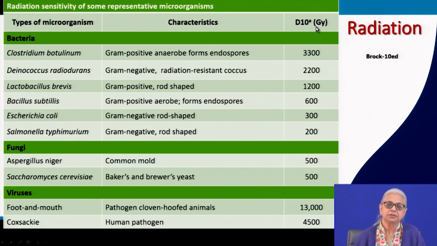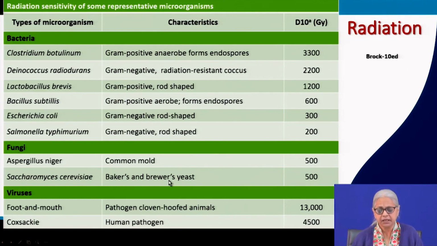D10 is again decimal reduction, or 1 log reduction in the population of these particular bacterial species in terms of grays. So how many grays does it take to get 1 log reduction? And you can see that the endospores are much more resistant compared to the vegetative cells.